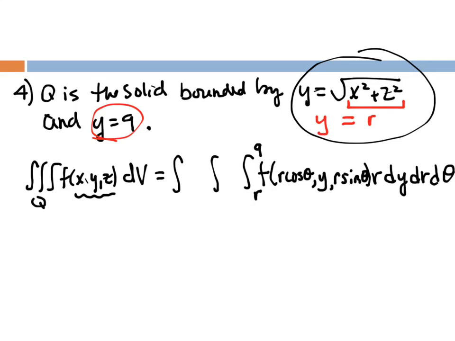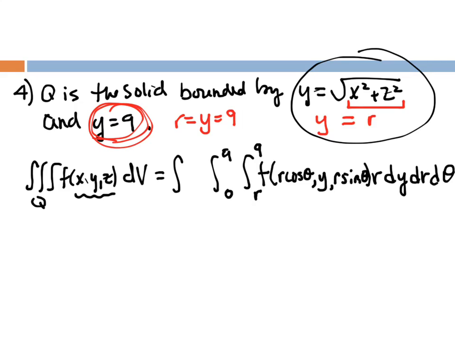Because it's a square root. So the lower limit of integration for that would be 0. And what would the upper limit of integration then be for r? 9. Over here, remember, r is equal to y, which we have equal to 9. So it's actually 9 as well.